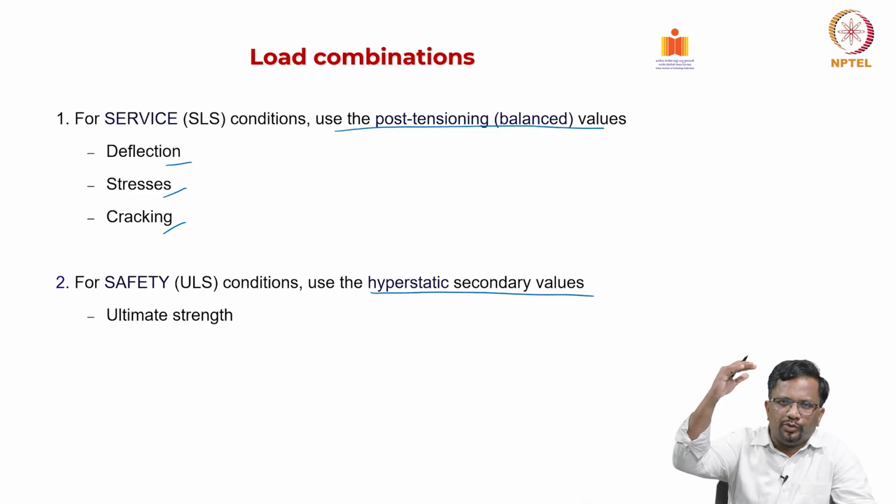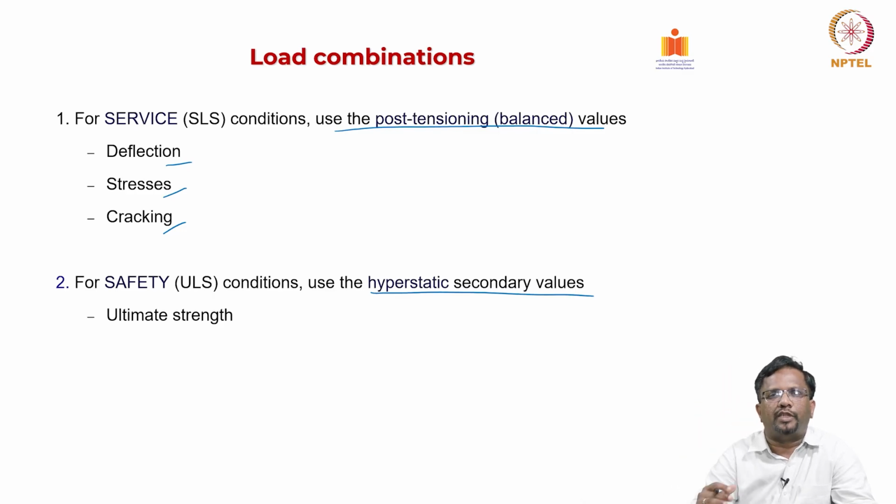It is going to reduce the negative moments in design. We have studied that in the continuous beam. At the same time, it will also increase your positive moment. But overall, if you include your hyperstatic moments, it is going to reduce your design moments at the support locations in general for a generic loading.